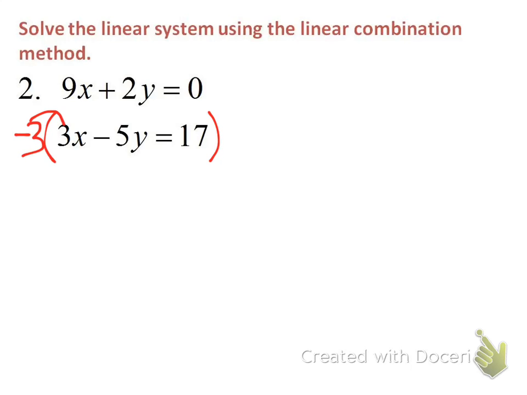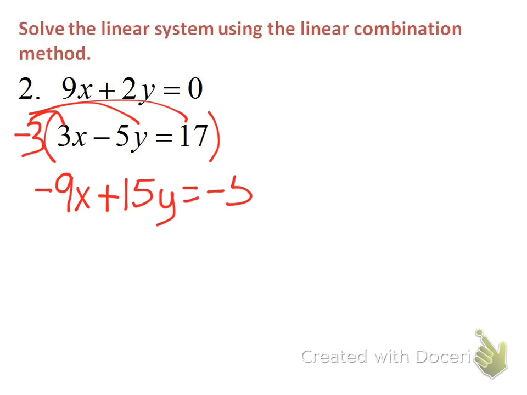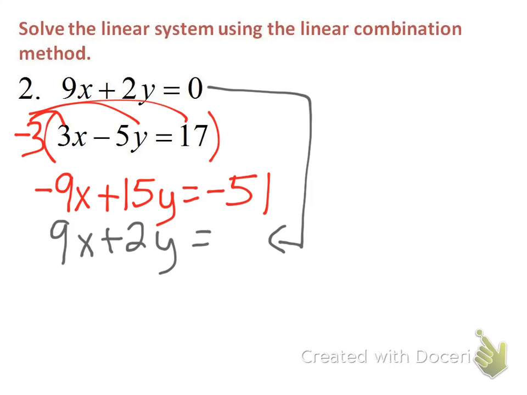Now, when you multiply, make sure you distribute to every piece of the equation. So the bottom equation is now -9x plus 15y equals -51. I'm going to rewrite the top equation right below it just so I can add a little easier. I'm not going to change anything, just rewriting.